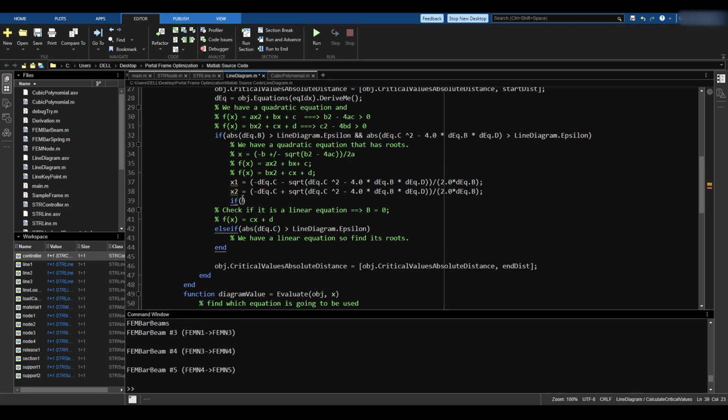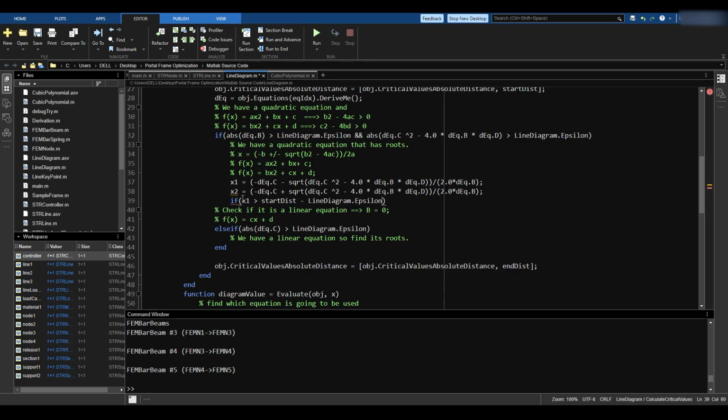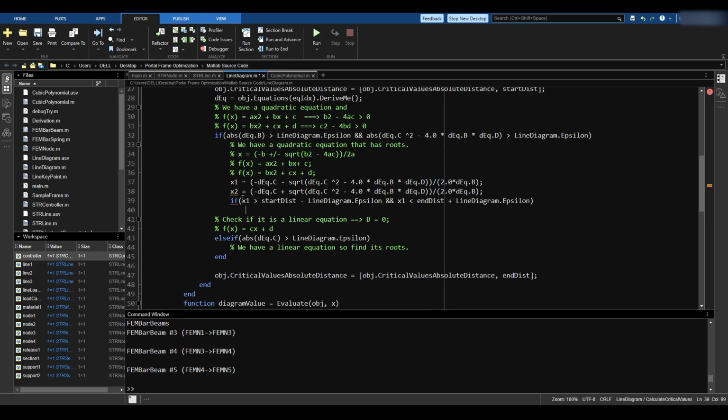So here I will go for if x1 is more than the start distance minus epsilon because of shenanigans, line diagram dot epsilon, okay? And x1 is less than end distance plus line diagram dot epsilon. If that's the case, then we can add it.